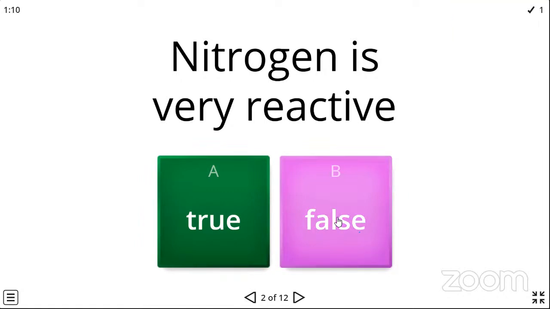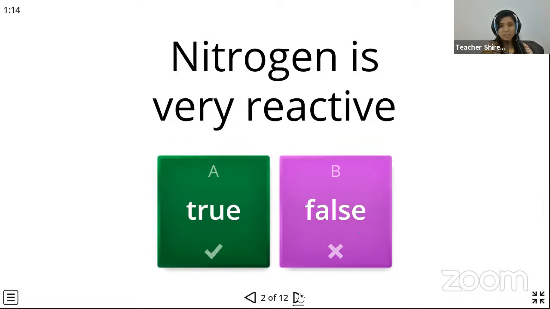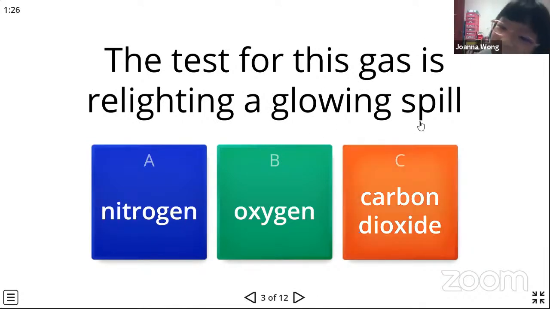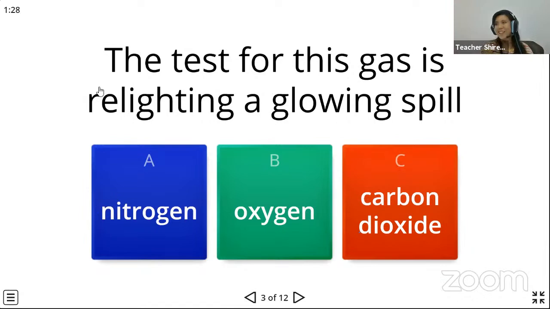False. It's actually inactive. Okay, doesn't matter. The test for this, yes? What's wrong? Today the whole exercise, okay? 2 word wall and 2 live worksheet.